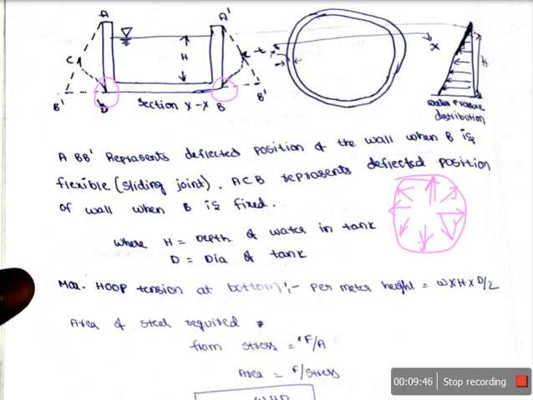So for example, if you take a rectangular wall and you are storing water, this wall pushes this, so this will be in tension, and similarly this wall will be in tension, similarly this wall.